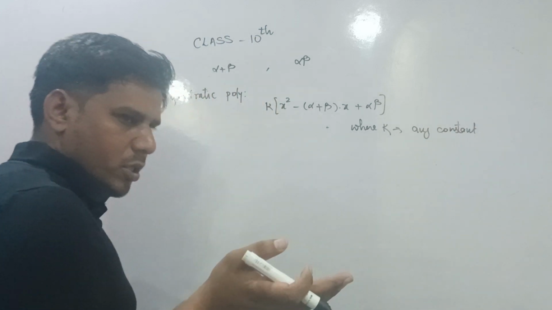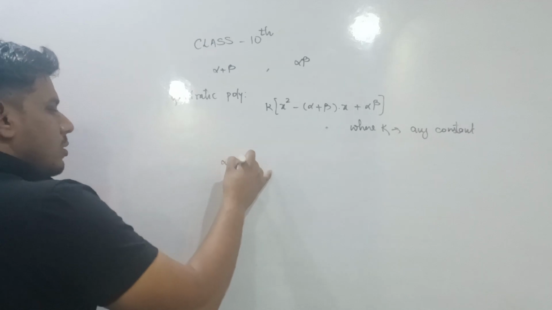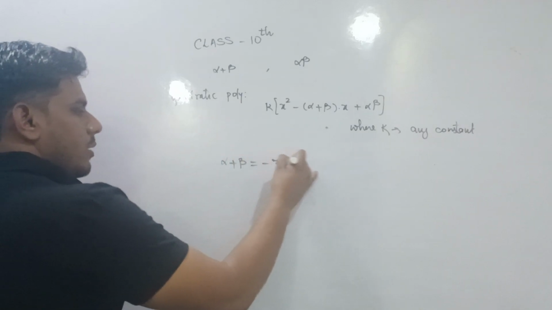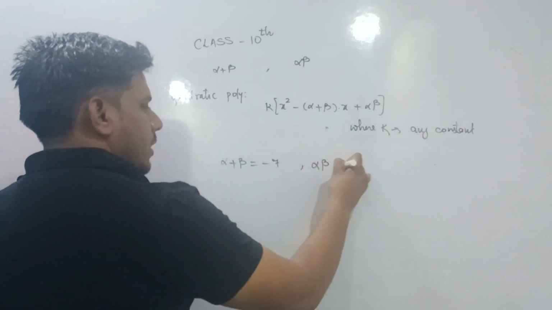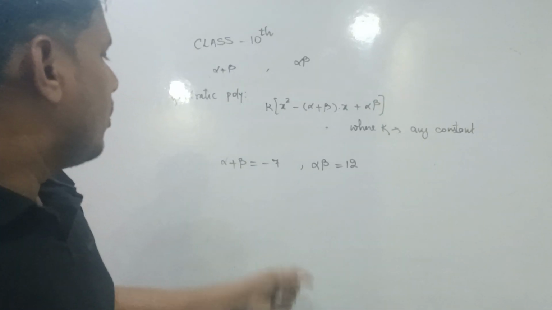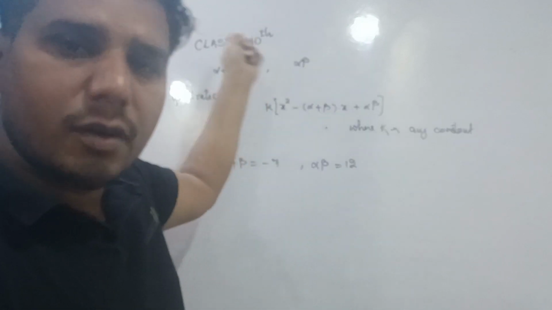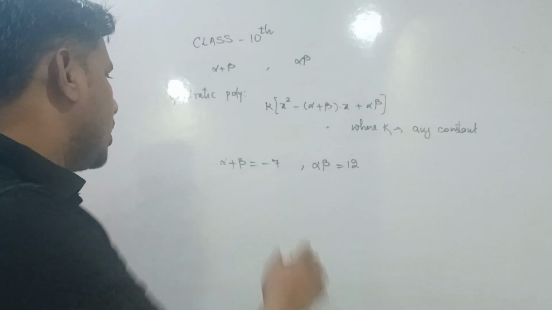Like in the last question, the sum of zeros is -7 and the product of zeros is 12. By putting the sum of zeros and product of zeros in this polynomial, we can find the quadratic polynomial.